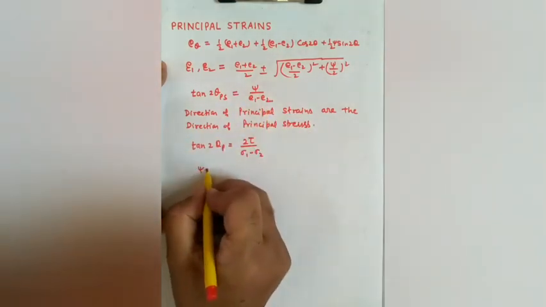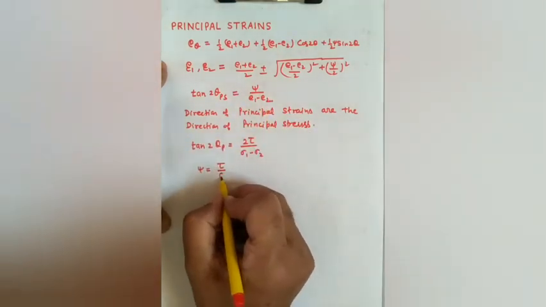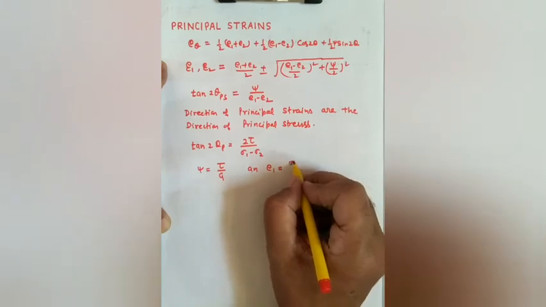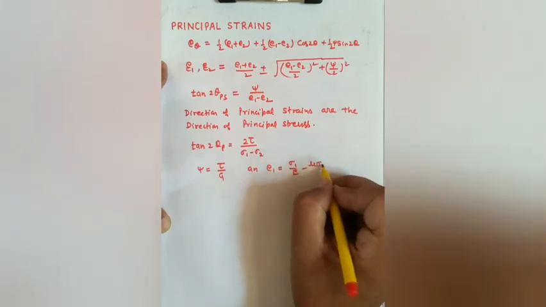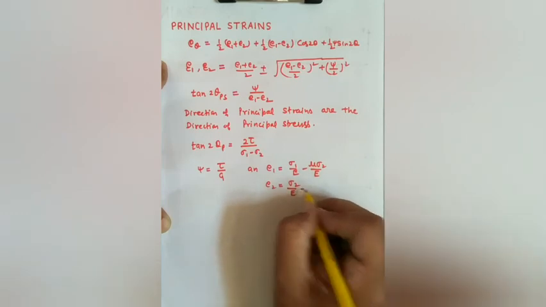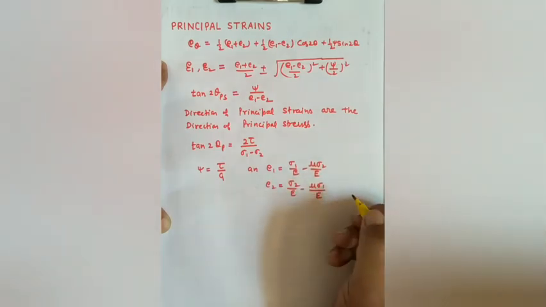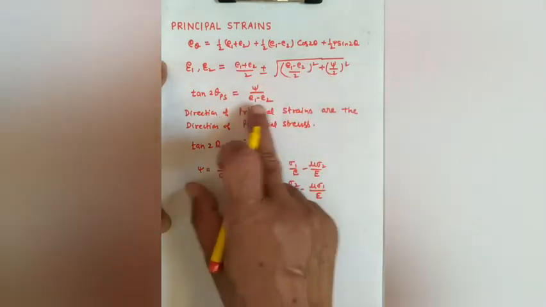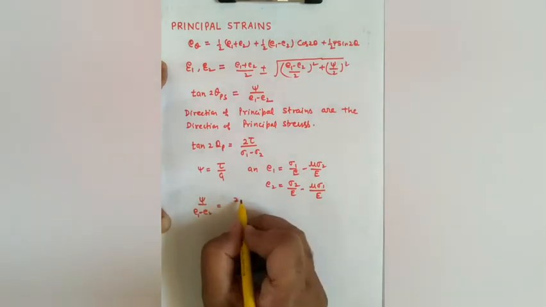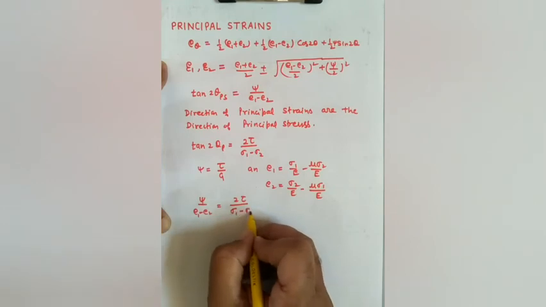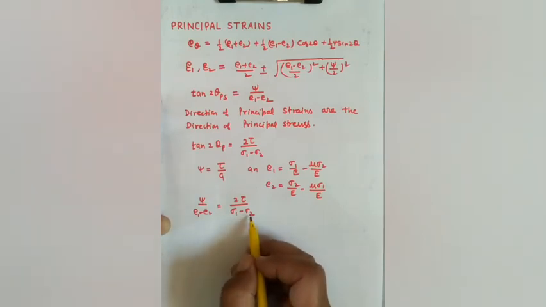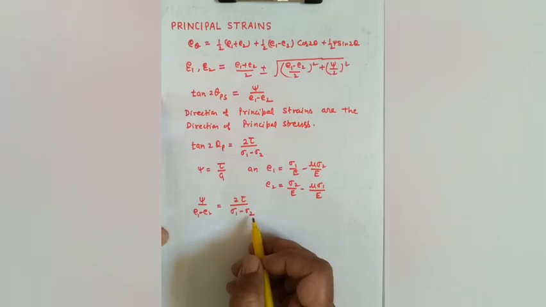Putting the value of psi equal to tau upon G, and E1 is equal to sigma 1 upon E minus mu sigma 2 upon E, and E2 is equal to sigma 2 upon E minus mu sigma 1 upon E, we can prove that psi upon (E1 minus E2) is equal to 2 tau upon (sigma 1 minus sigma 2), where E1, E2 are the strains along x and y directions and sigma 1, sigma 2 are the stresses along x and y directions.